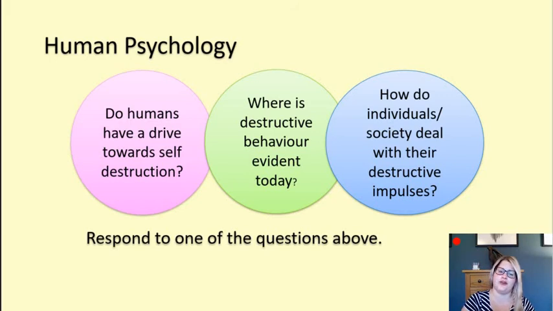Where is destructive behaviour evident today? Or, how do individuals or society deal with their destructive impulses? What do we do to deal with it when we want to do something that we know we shouldn't? Quite in-depth questions to explore, so pick one and make sure you justify your ideas. Pause it here.